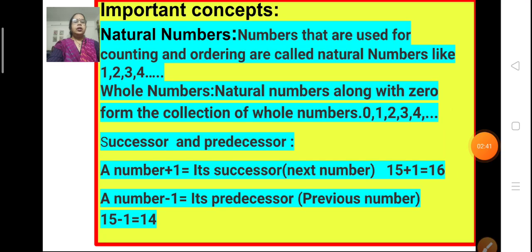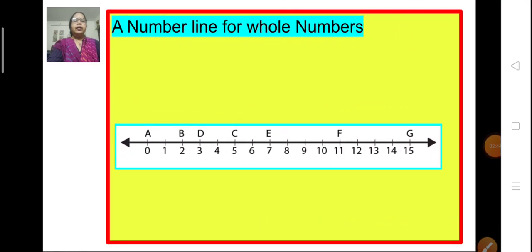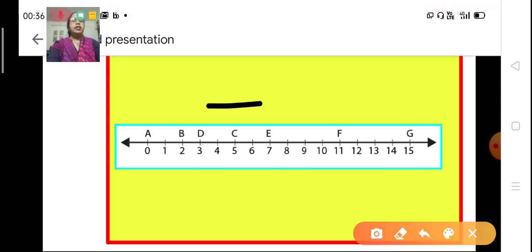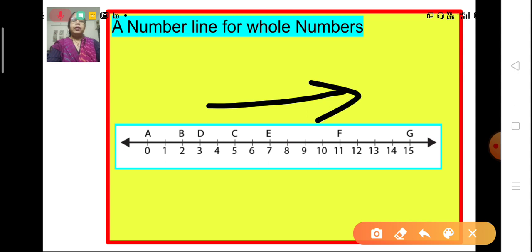And also you learnt how we can represent the whole numbers on a number line. You can see the number line with whole numbers here, and we know as we move towards the right on the number line, the numbers increase.